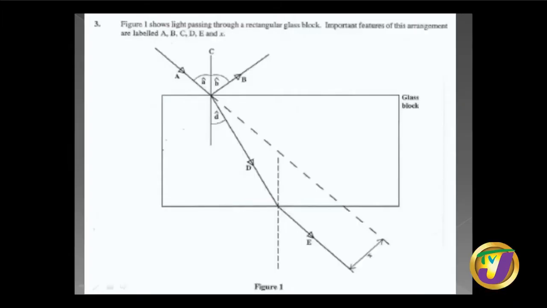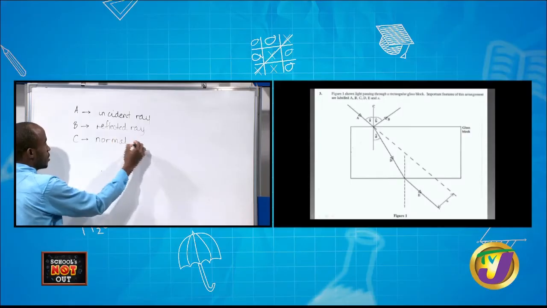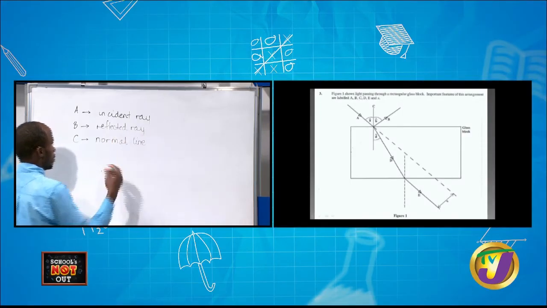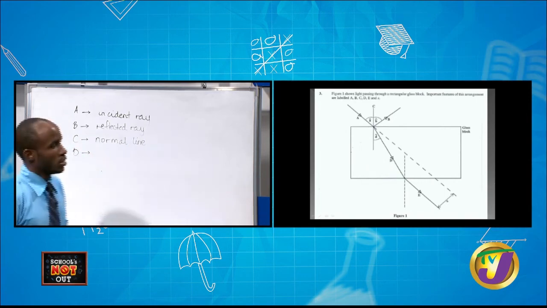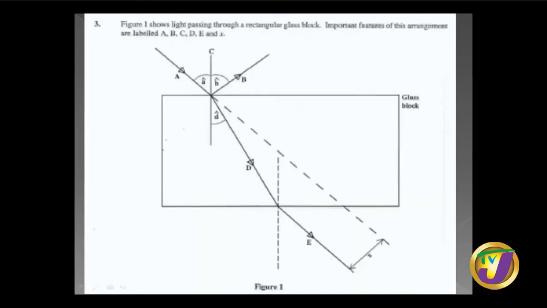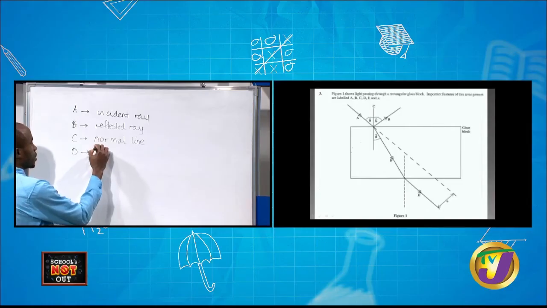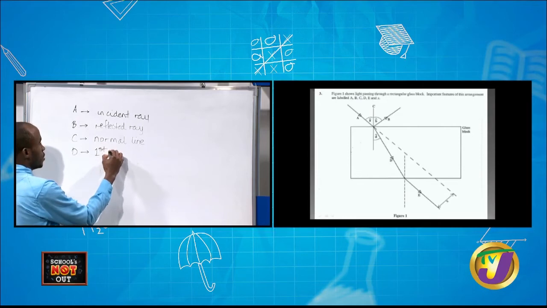C is that line that is perpendicular or 90 degrees to the boundary. So you can just jump and say, this should be the normal, of which it is. Or you can say normal line. Normal or normal line, that suffices. For D, we have a refracted ray there, but we can call it the first refracted ray.